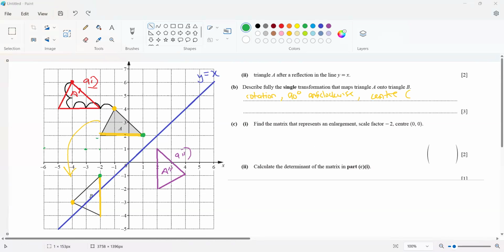This rotation, yeah, I think it is probably somewhere around here.